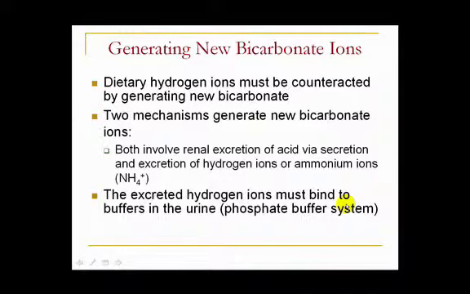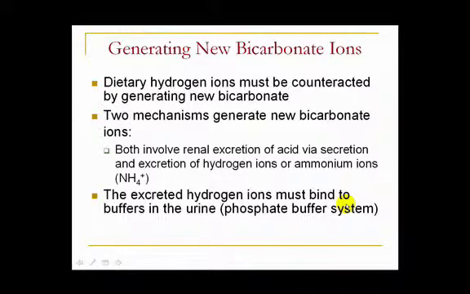Does that make sense? So you have a certain amount of bicarbonate that can deal with the typical acids produced by metabolism, and you reabsorb all of those in the kidneys to keep them in the blood. But if additional acids get added because of diet or other circumstances, and you go into acidosis, then you're going to need to generate new bicarbonate.